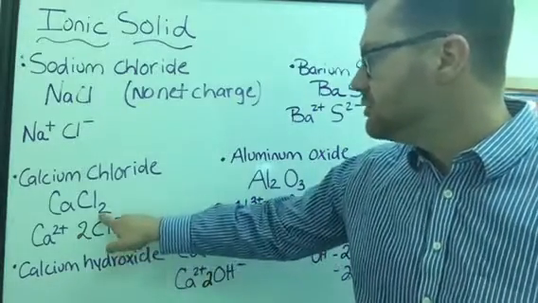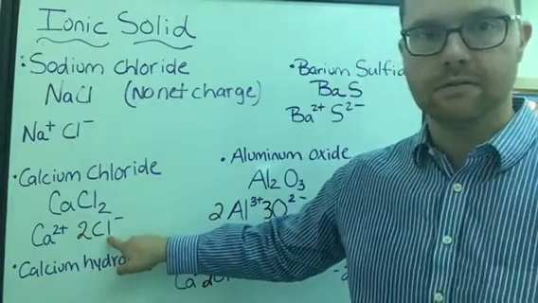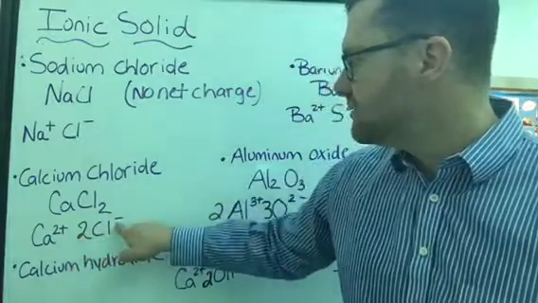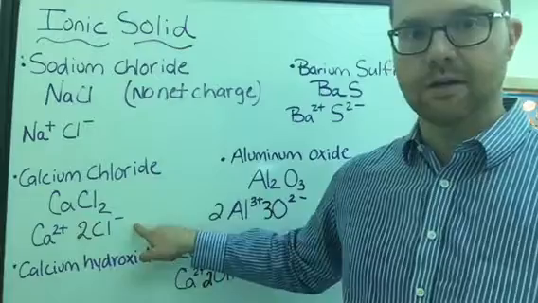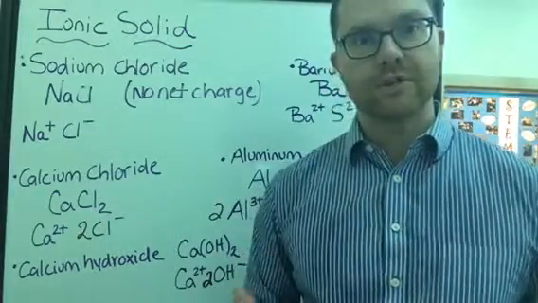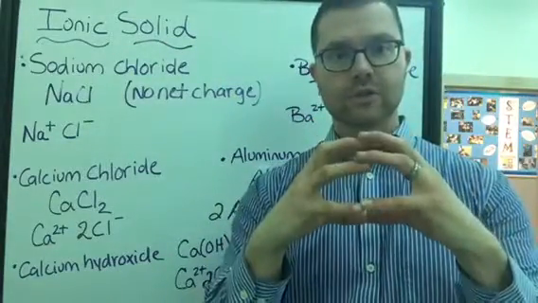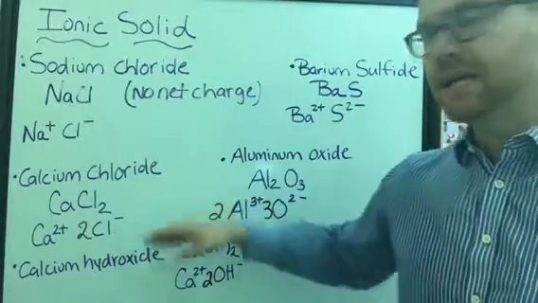The reason for this 2 here is you need 2 of these chlorides to balance. Let me show you what I mean. 2 plus 2 times -1. Well, that's +2 minus 2 is 0. That's why these subscripts are here. They have to balance each other out. Remember that ionic solids form these nice crystal structures. There's no cations or anions hanging off of the side.